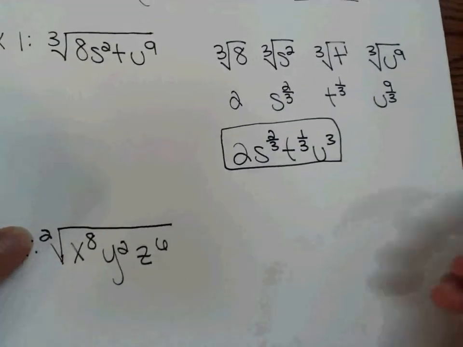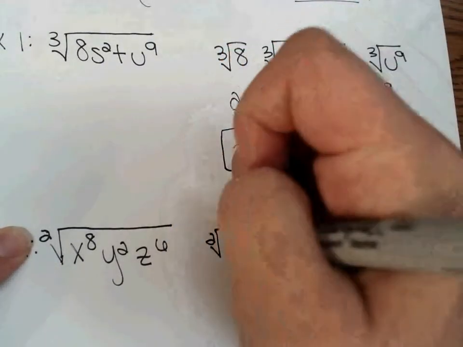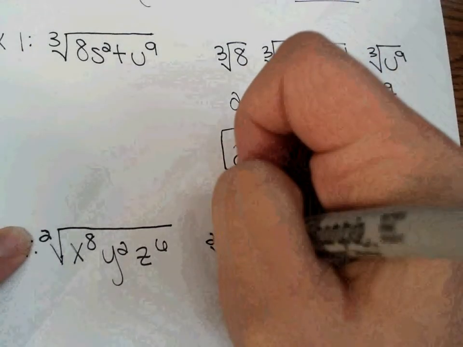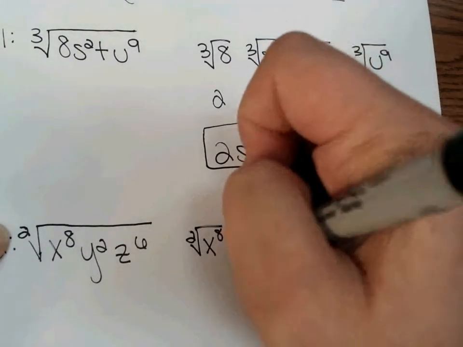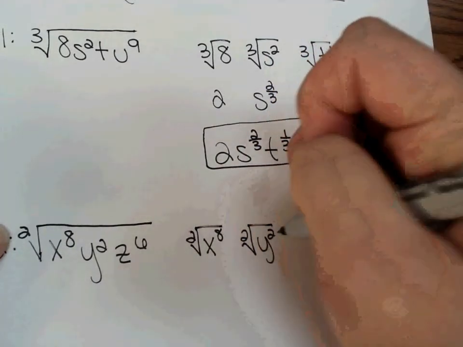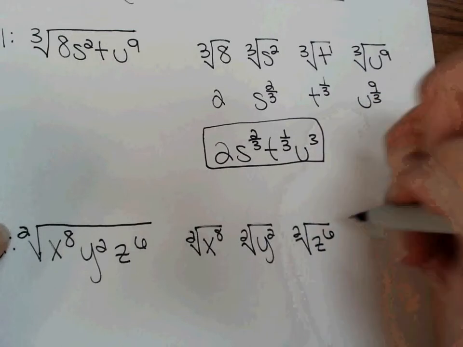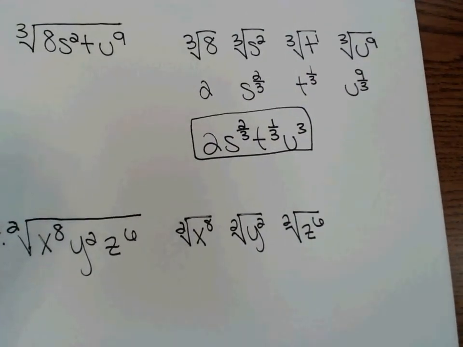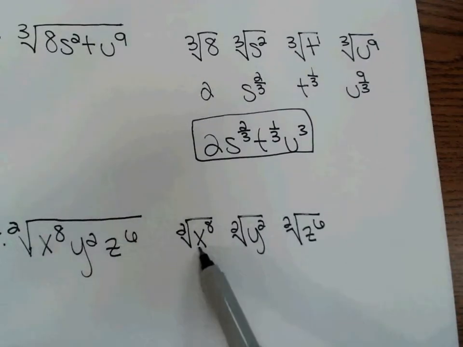We're going to do the same thing we did up here. Break it apart. So I'm going to take the square root of x to the 8th, the square root of y to the 2nd, and the square root of z to the 6th. Now I can simplify these piece by piece.